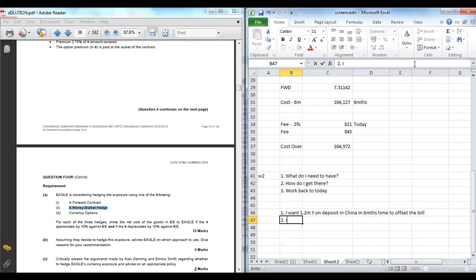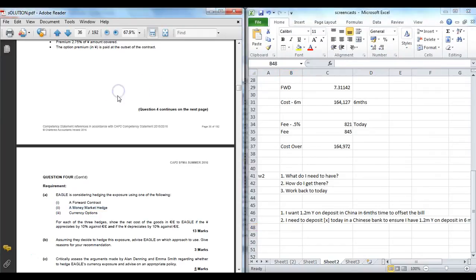Well, firstly, I need to deposit X amount today in a Chinese bank to ensure I have 1.2 million yuan on deposit in 6 months. So the first step is, how much do I need to deposit today? I can figure that out.